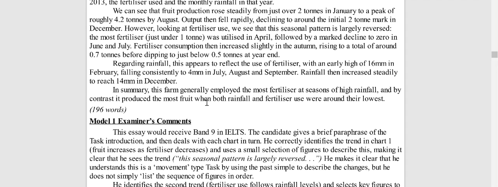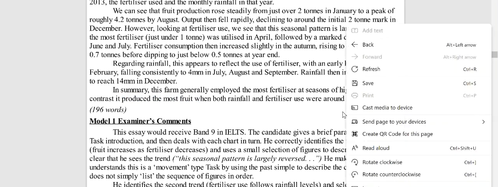In summary, this farm generally employed the most fertilizer at seasons of high rainfall, and by contrast it produced the most fruit when both rainfall and fertilizer use were around their lowest.